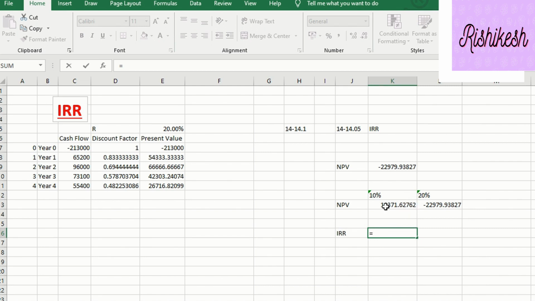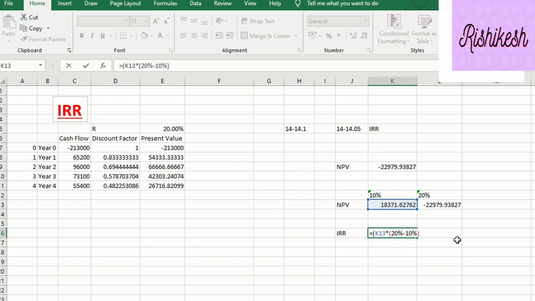So what I'm going to do is take a whole bracket and then do NPV at 10% multiplied by 20% minus 10%, right?